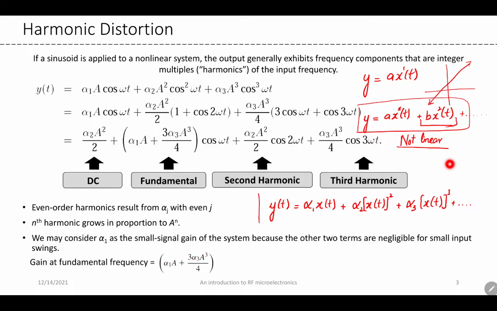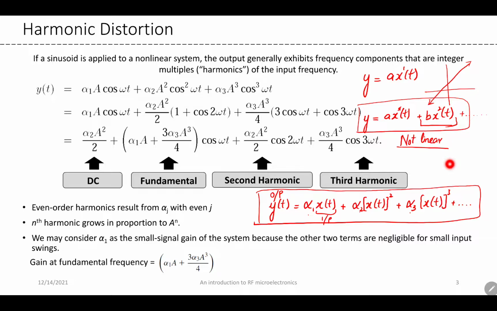So this is the general equation of a nonlinear system, where alpha 1, alpha 2, alpha 3 are coefficients for the different powers of x of t, which is the input, and this is your output.